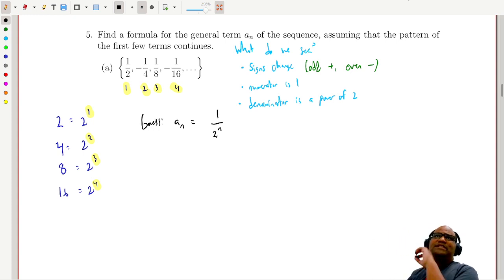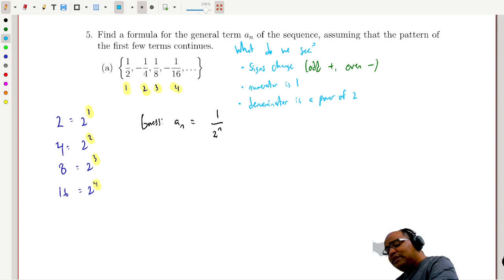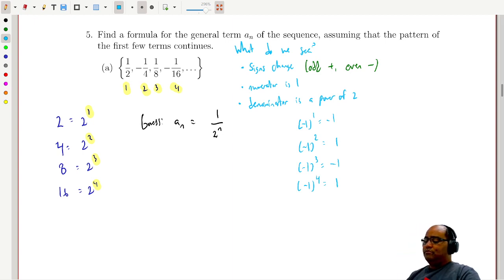Well, that seems reasonable, except what's the only issue with this guess? This one doesn't have alternating signs, but our actual sequence does. So how do we account for that? Well, let's also think here. I know that -1 to the first power is a -1. If I square -1, I get a +1. If I cube -1, I get a -1. And -1 to the fourth power is a 1.